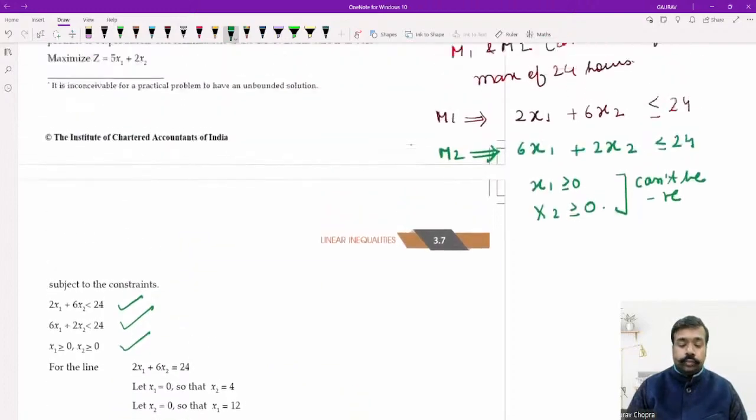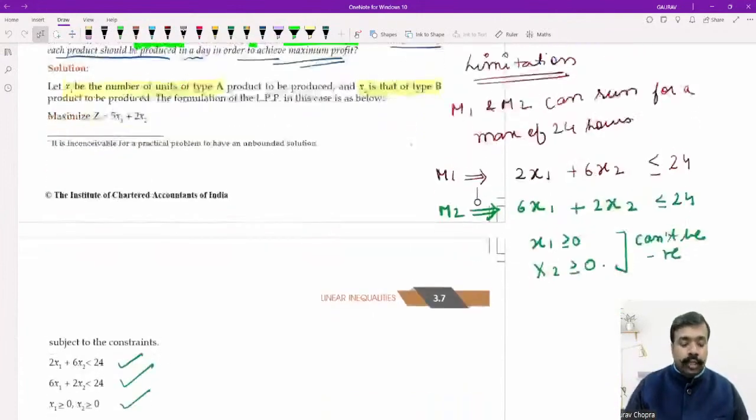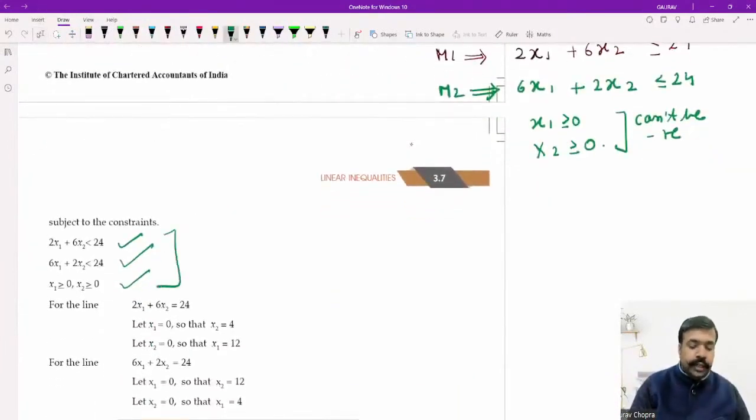Now, the exam question will be this much only. You will be given the word problem and you have to find out which is the correct set of equations. This will be the correct set, and the question will be finished in the examination.